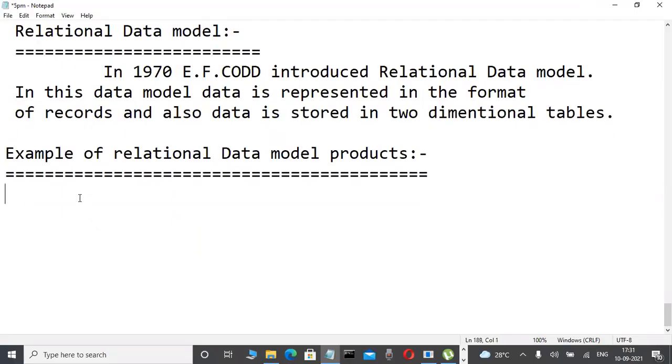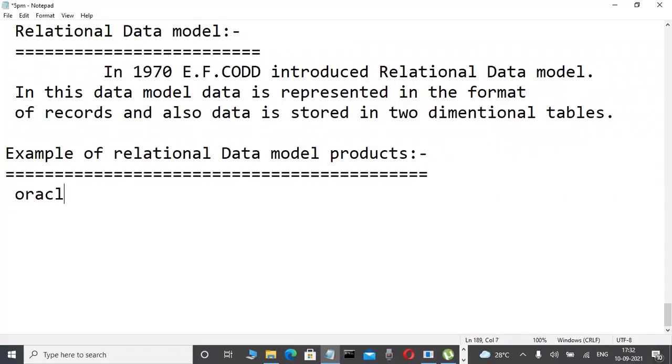Whatever terminology you are familiar with as a latest programmer, Oracle, MySQL, SQL Server, DB2, these are relational data model products. In these, the logical structure is represented by using tables. Very easy. Write it: examples of relational data model products.